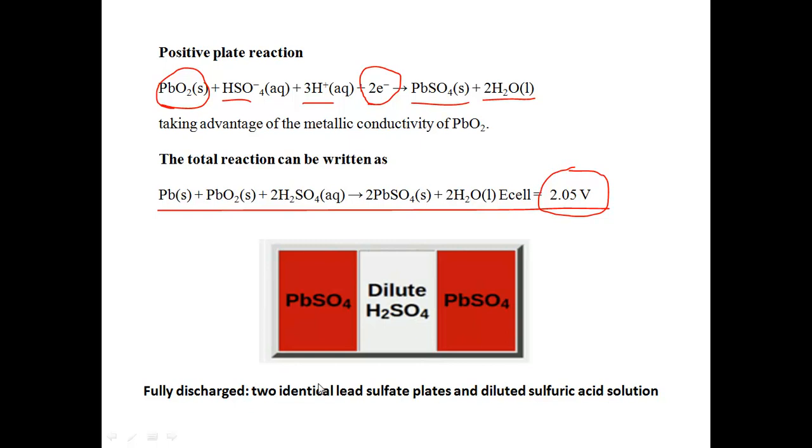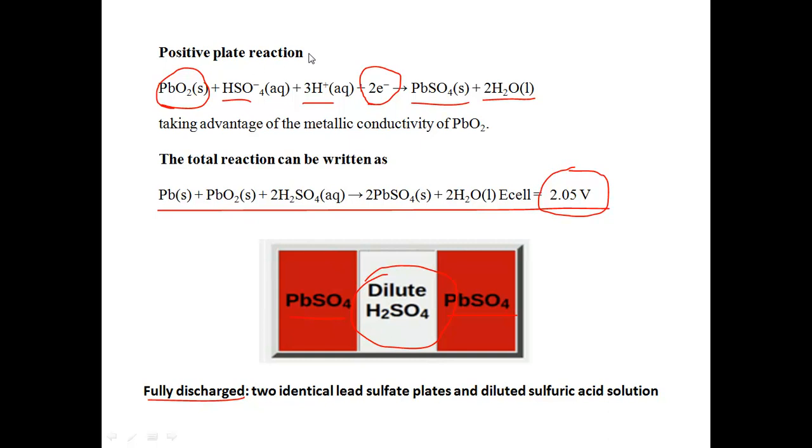Here is a representation of fully discharged lead acid accumulator. Both the anode and the cathode become lead sulfate and the electrolyte, that is the sulfuric acid, becomes very much diluted.